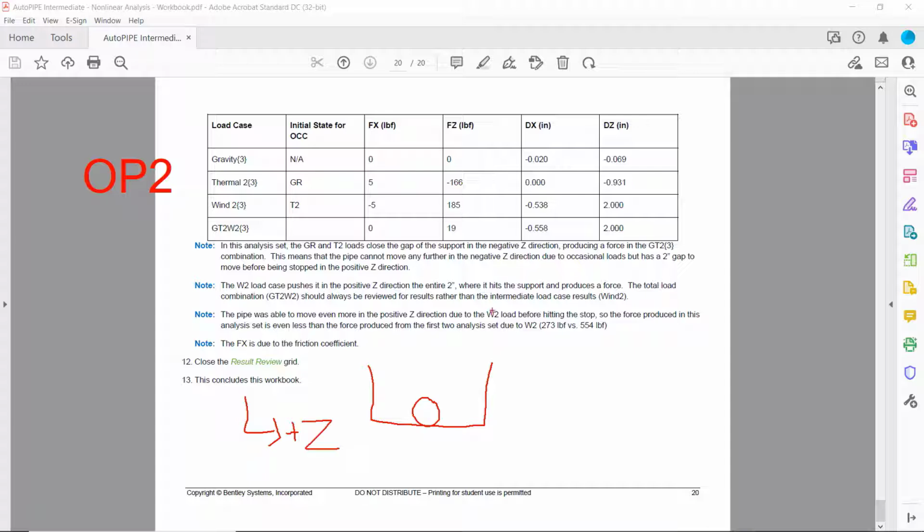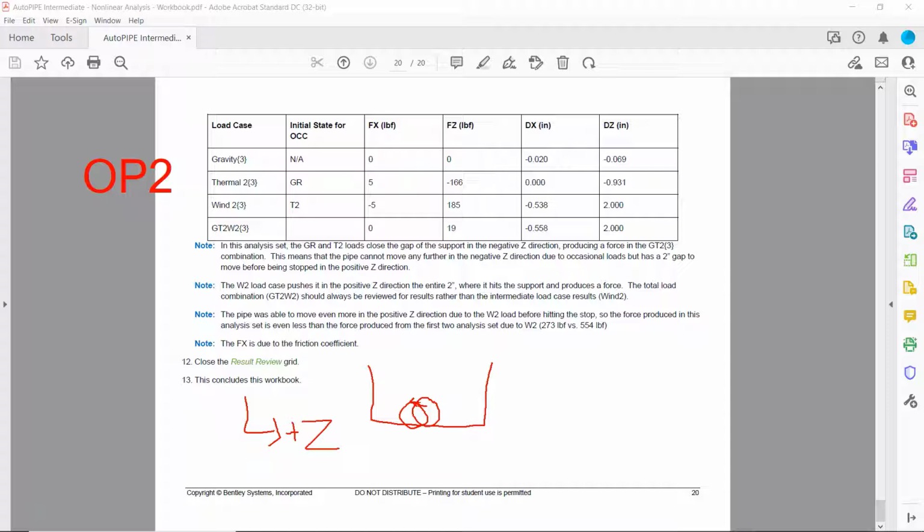The gravity load is applied and the pipe moves in the negative Z direction, 0.069 inches. So now when the thermal 2 load case is applied, the pipe can move to the left another 0.931 inches or to the right in the positive Z direction, 1.069 inches.